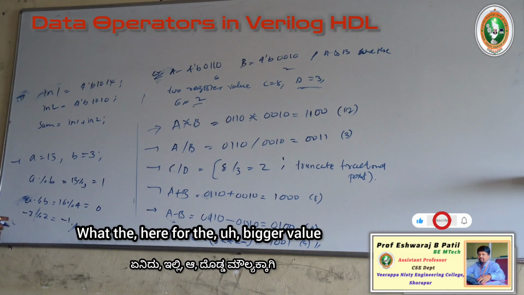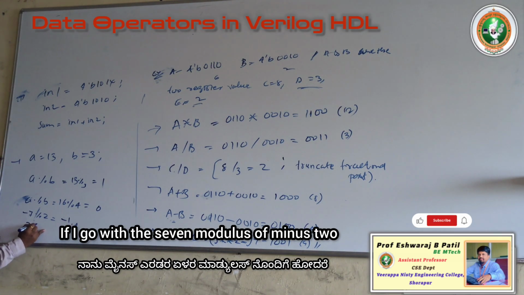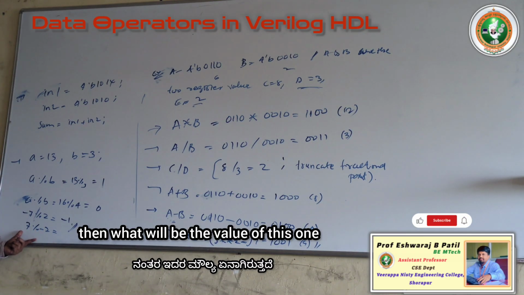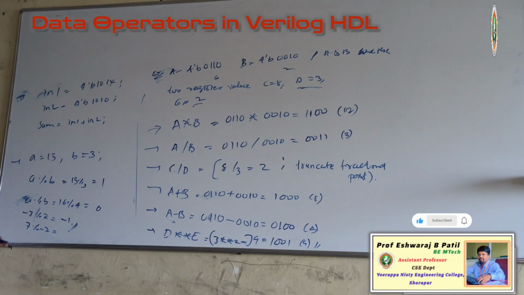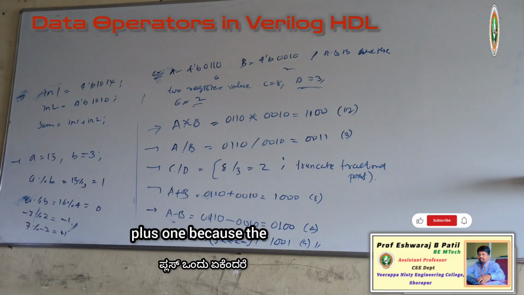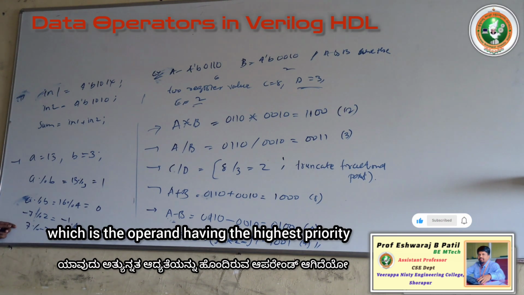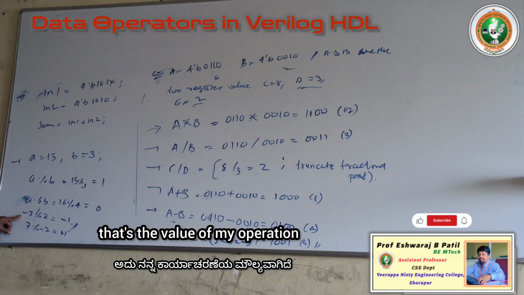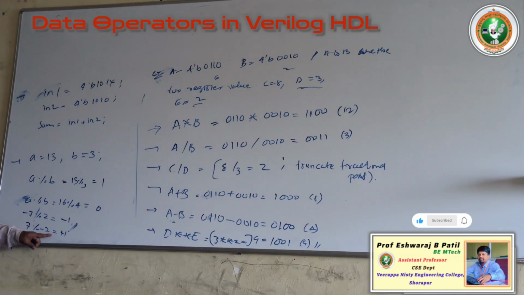Okay, I can go with 7 for the bigger value. If I go with 7 modulus of -2, then what will be the value of this one? +1, because the operator having the highest priority decides the sign of the operation. This size should be given here.